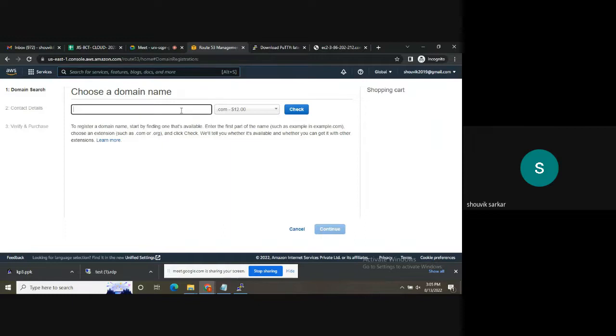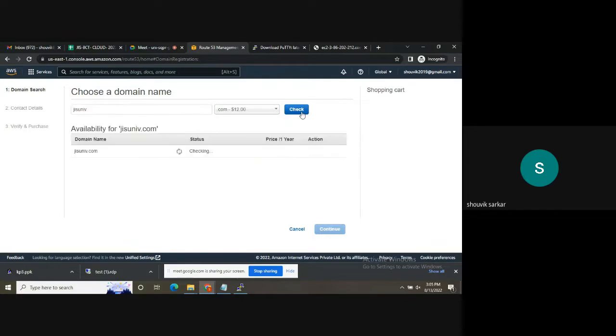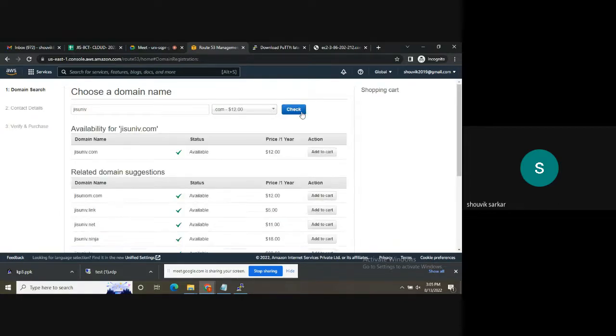So suppose we are going to write some domain name, suppose GIS Univ. So there is a domain name we want to purchase. So let's check. Is it available?